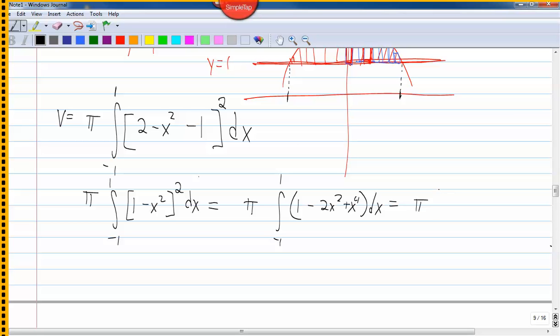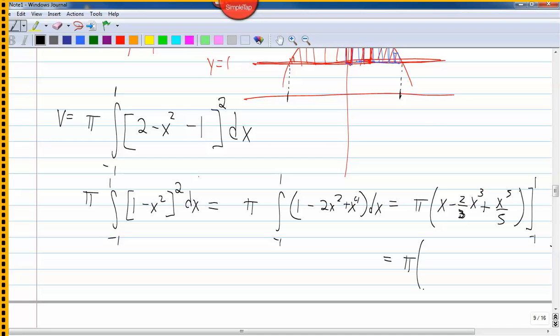So that's pi times x minus 2/3 x cubed plus x to the 5th over 5, evaluated from -1 to 1. So plug in a 1.